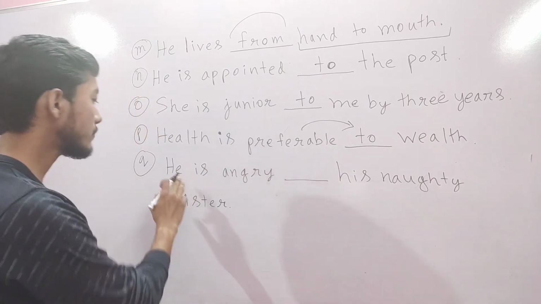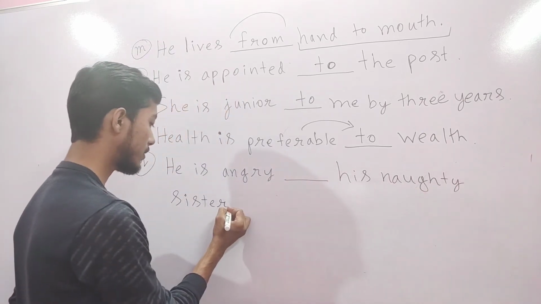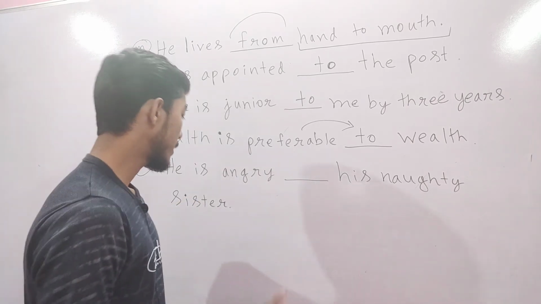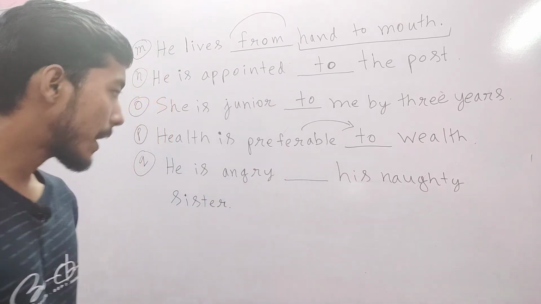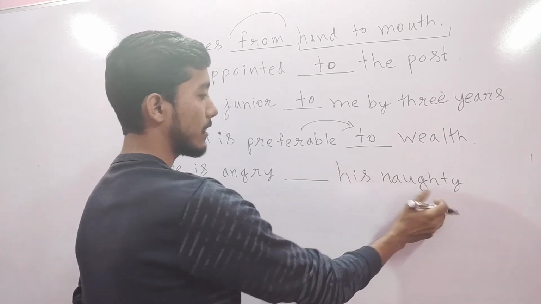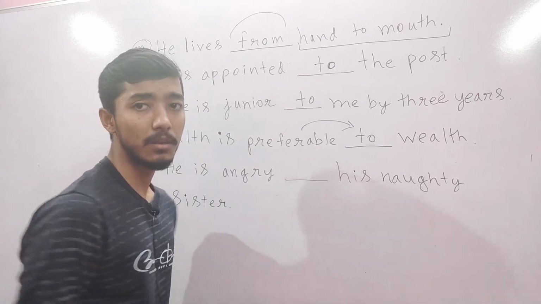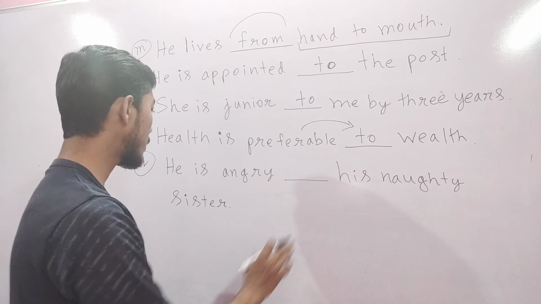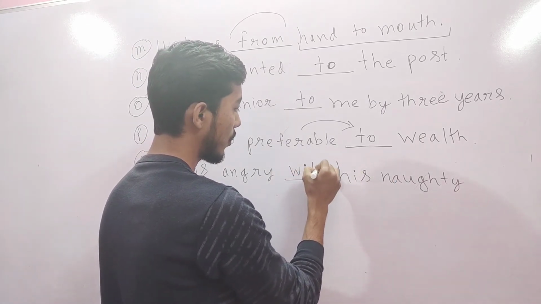Next one, he is angry dash his naughty sister. Now whenever we are writing angry or happy or any other emotion and saying his sister, his mother, his father, his brother, any person, whenever it is a person, we will write with.